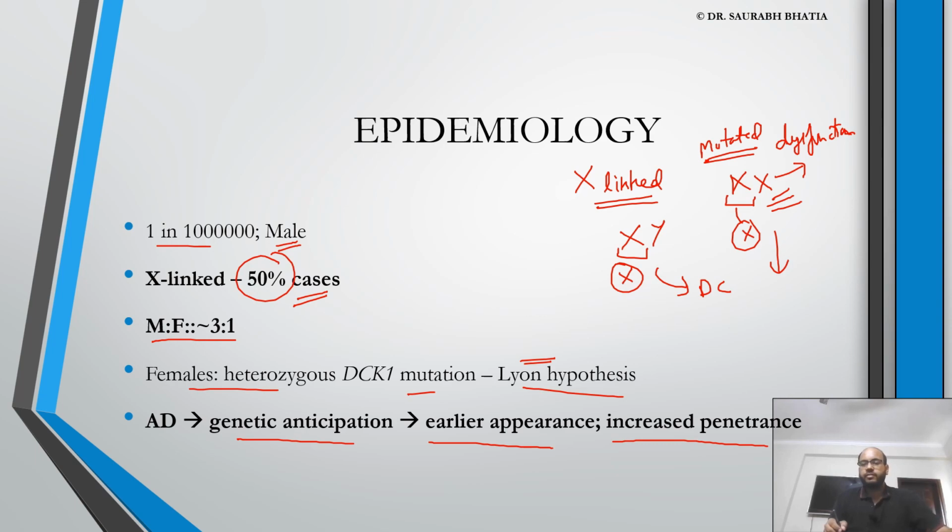By increased penetrance, we mean that more clinical features would be seen in subsequent generations, and this phenomenon of genetic anticipation is linked to autosomal dominant dyskeratosis congenita. We will understand why there's a concept of genetic anticipation in DC.